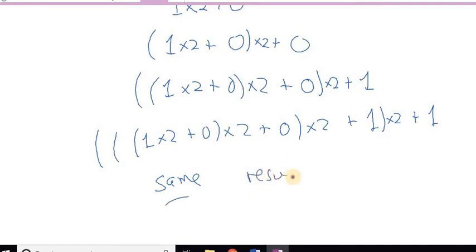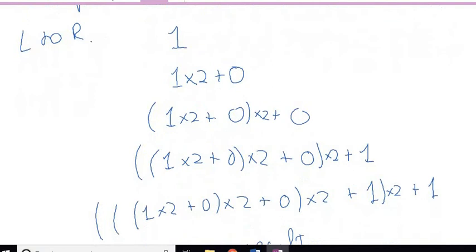But the difference is that instead of doing it all together in one step like this, I've done it in basically what you could call a loop. At each step I've multiplied the previous result times 2, and then I've added the next bit.